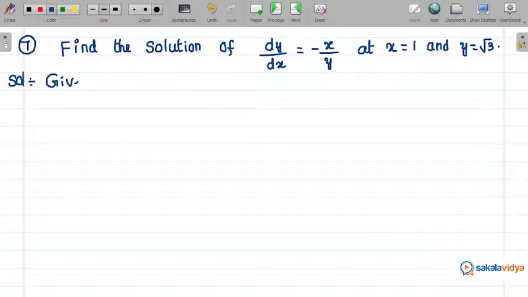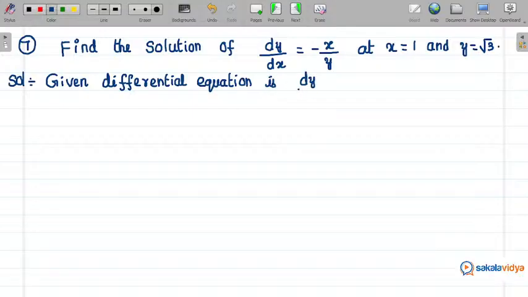Given differential equation is dy by dx equals to minus x upon y.